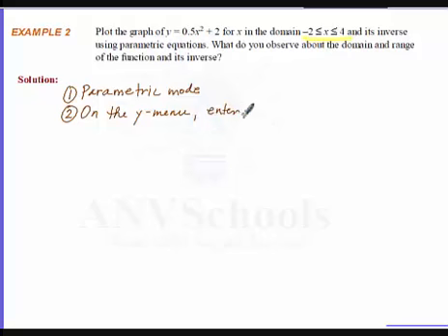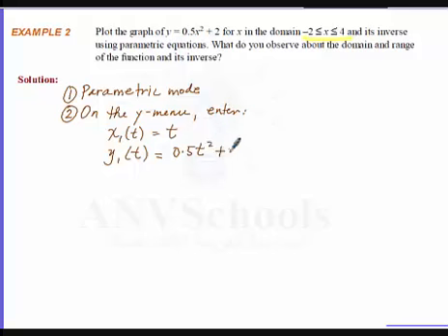Enter x1 of t equal to t for parametric mode, and therefore our y1 of t will be equal to 0.5 t squared plus 2.